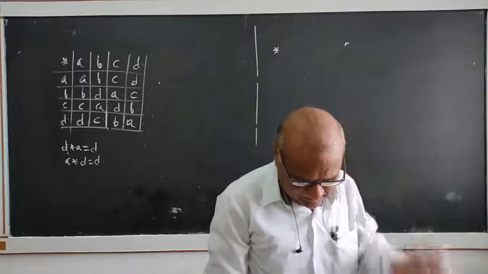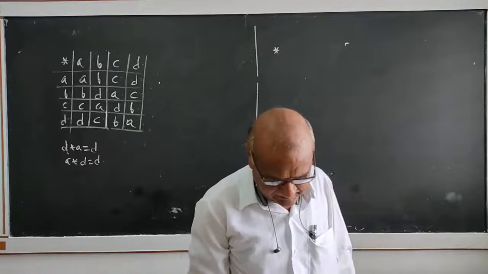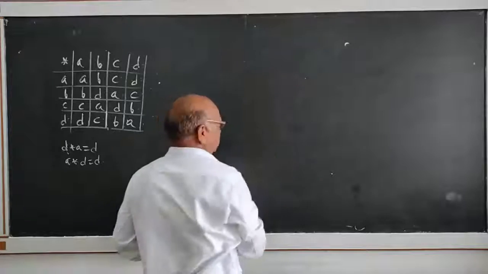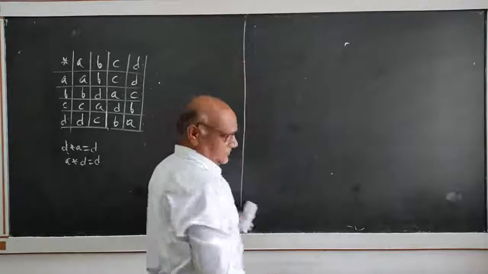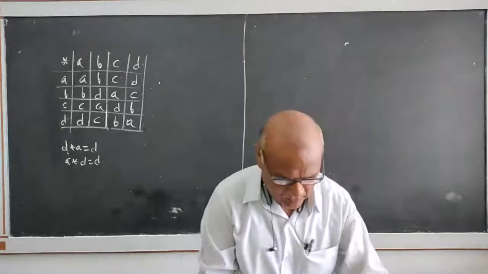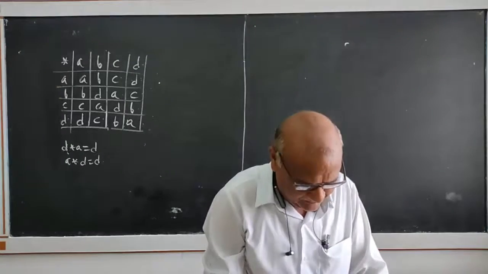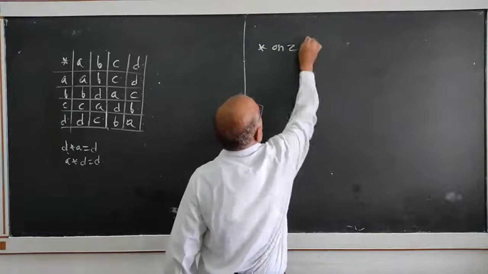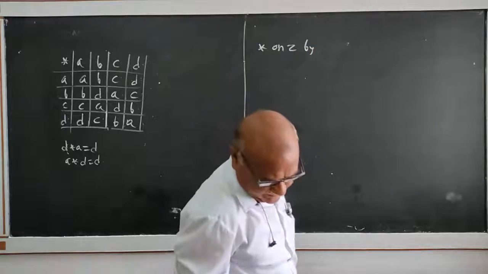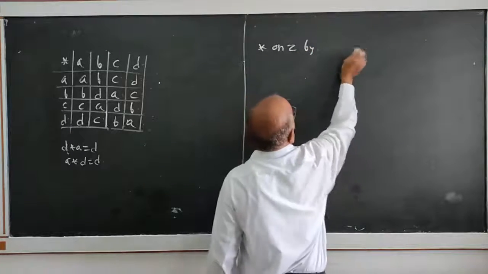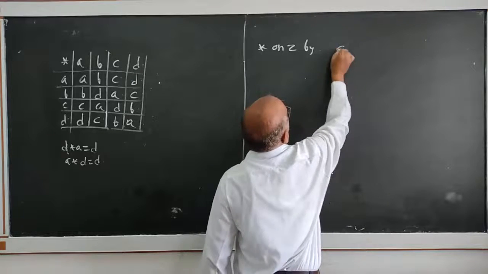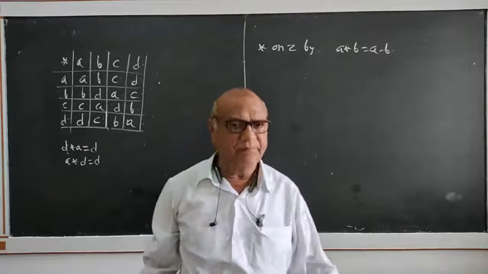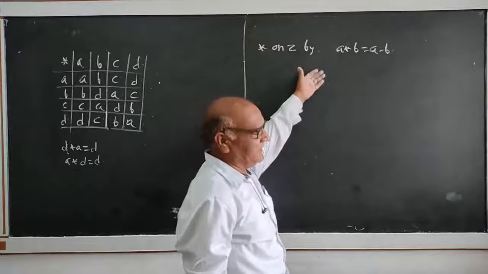Determine whether the binary operation star defined is commutative and whether star is associative. First, star defined on Z by A star B is equal to A minus B. This is clearly a binary operation.